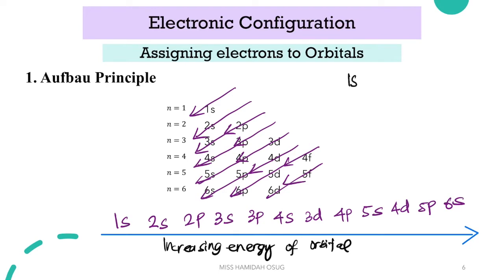So we will fill in 1s first. Bila dia full, kita akan isi pula 2s dengan elektron. Lepas tu bila 2s itu full, kita akan isi pula 2p dengan elektron. Okay, apabila 2p full, kita akan isi pula 3s dengan elektron according to increasing energy of the orbital.